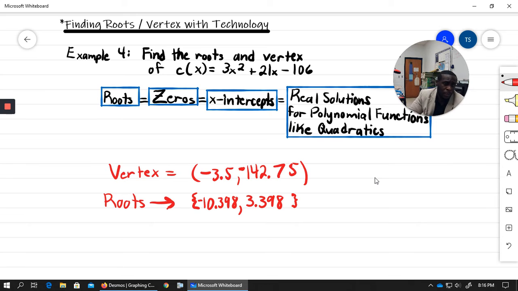Not all quadratic functions have x-intercepts. The quadratic functions that don't have any x-intercepts don't have any real solutions, and we've talked about imaginary solutions. So not every quadratic function has real solutions, or roots, or x-intercepts, or zeros.